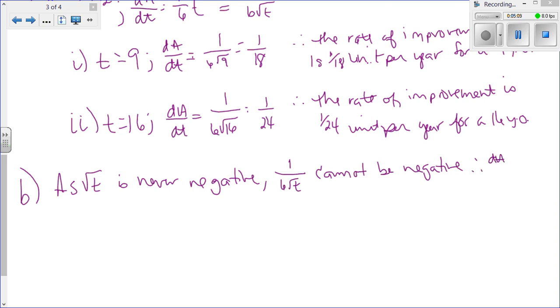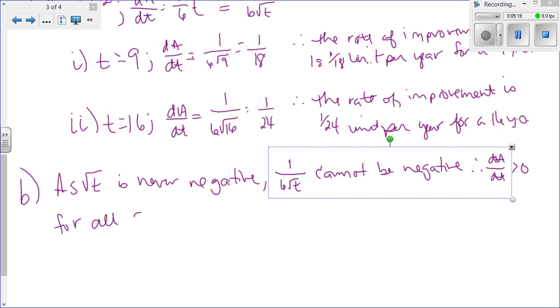Therefore, dA/dt is greater than 0 for all values between 5 and 18.